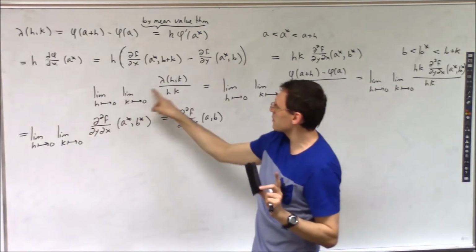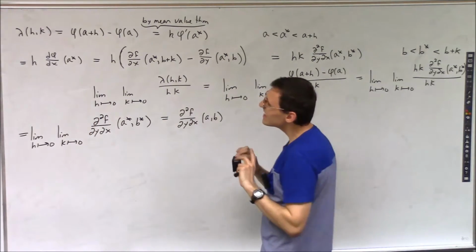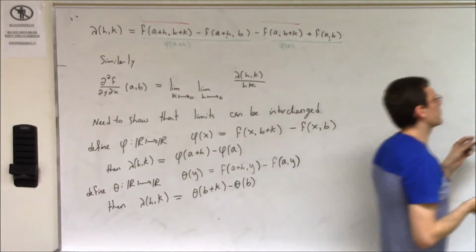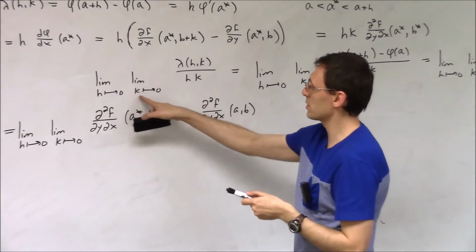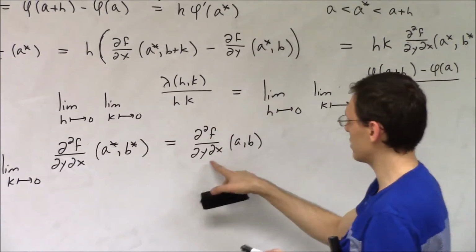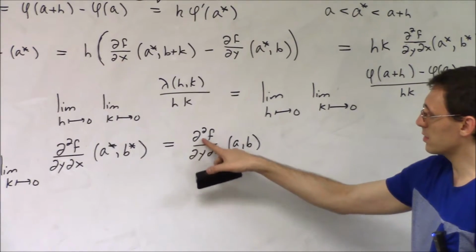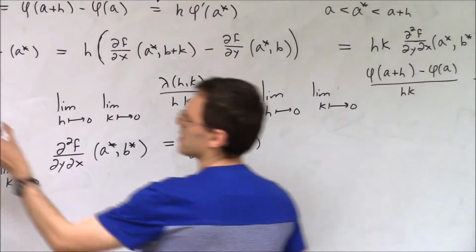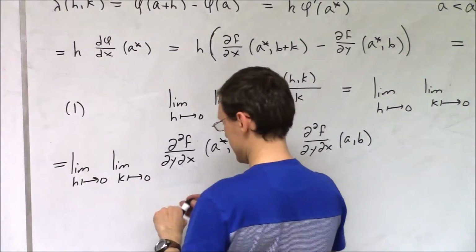Because I just right away assume that this is, I mean, I don't remember how it's set up. What matters is that this limit, if you take this limit when h goes to 0 and k goes to 0, you get this expression, and you get that this is equal to the partial derivative of yx at ab. Okay, so this is 1.